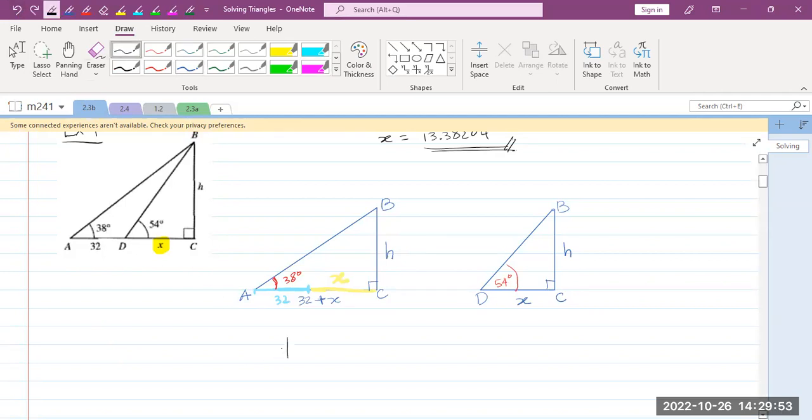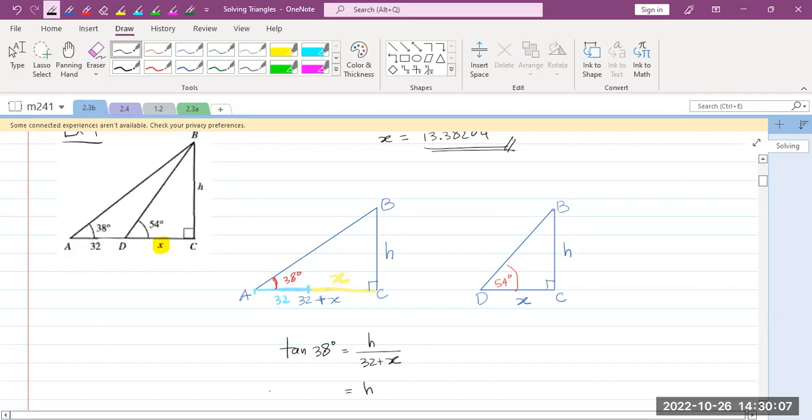So tangent of 38 degrees equals h over 32 plus x. So later on, our h will be 32 plus x times tangent 38 degrees, after multiplying by the LCD, right?